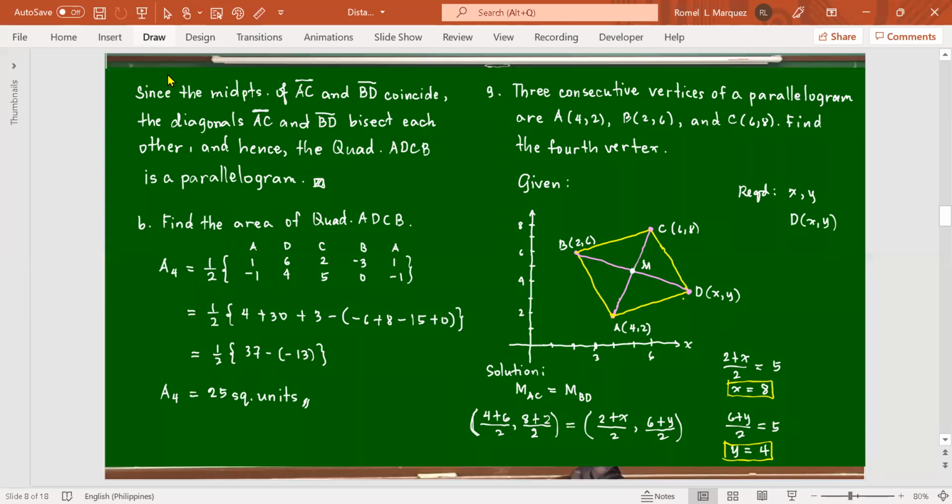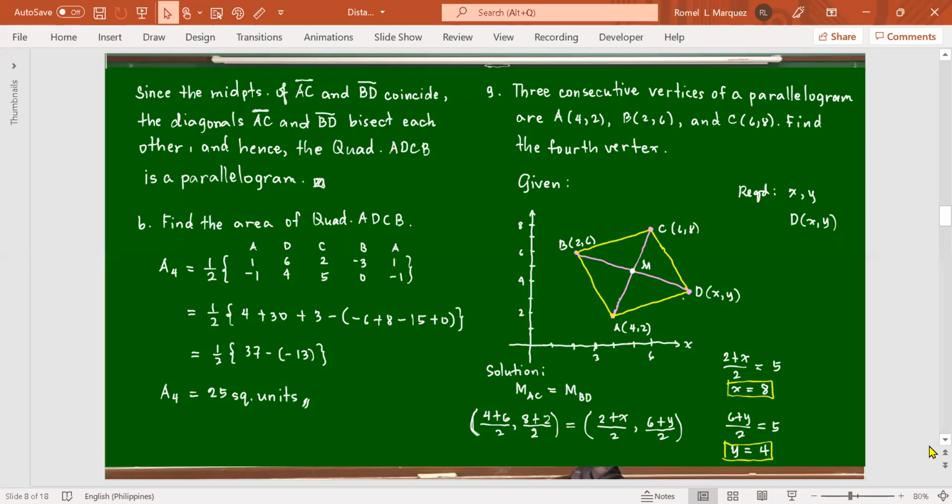Therefore, the fourth vertex of the parallelogram is D, (8, 4). Any question with that, children?